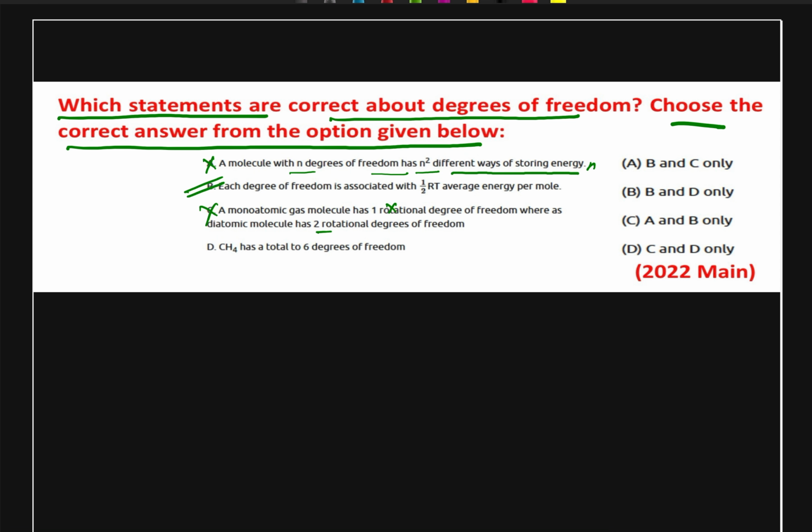Ideally we sometimes also consider vibrational, and in this particular case they should have mentioned it, because at low temperature we consider that there is no vibrational degree of freedom. So there will be only 3 rotational and 3 translational. So option D is also correct. So from here we get B and D are correct. So option B is correct.